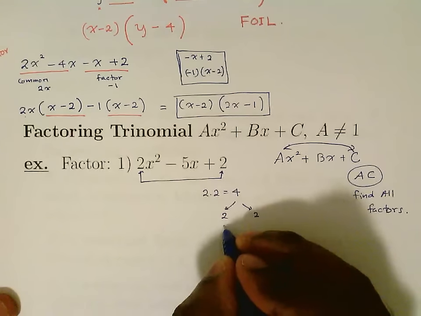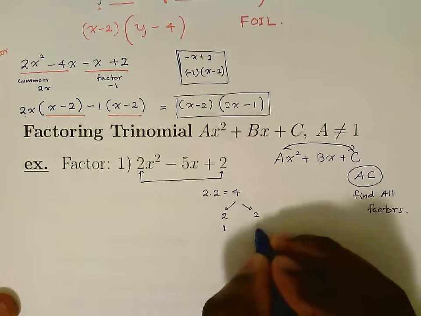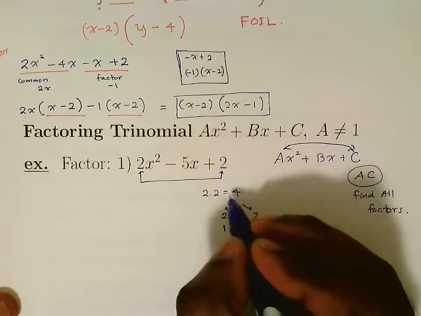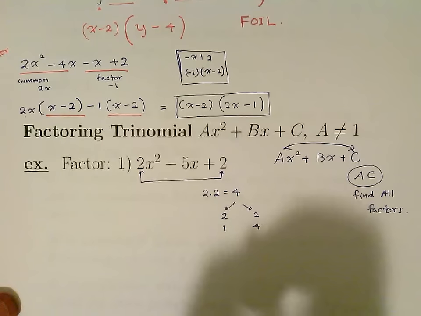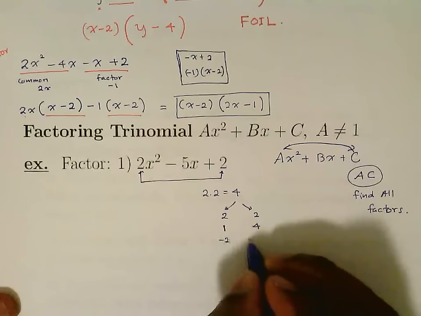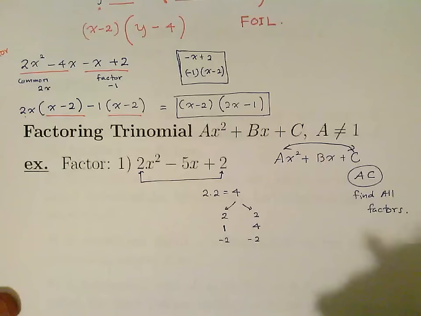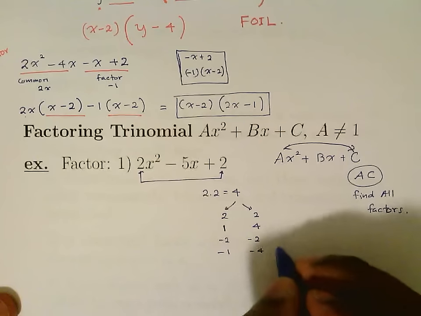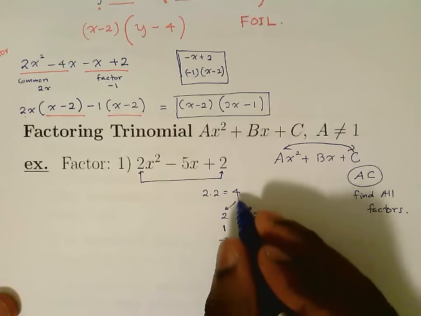And 1 and 4. Okay, and because it's plus 4, there are 2 more factors, -2 and -2. That is also plus 4 when you multiply it. And also you get -1 and -4. When you multiply these numbers, you end up with 4.